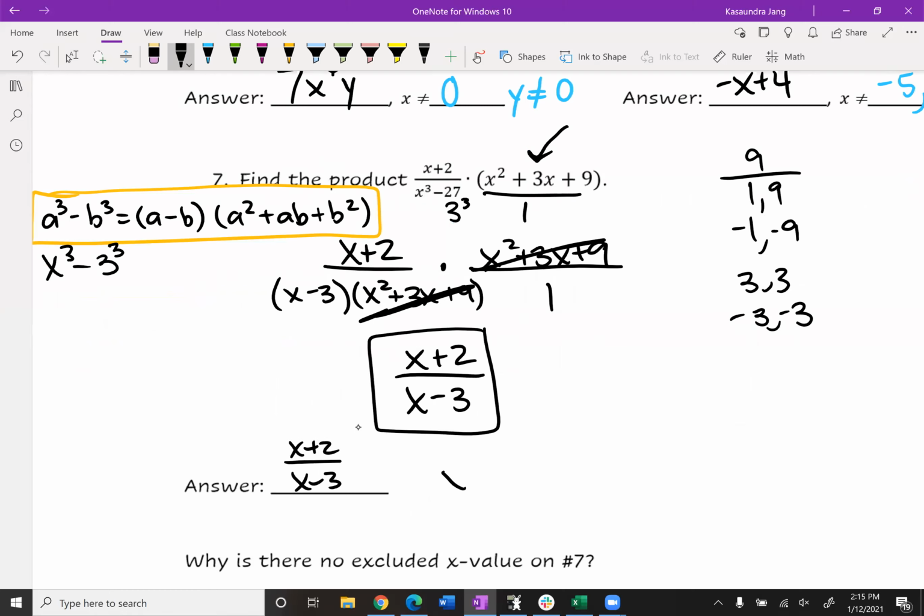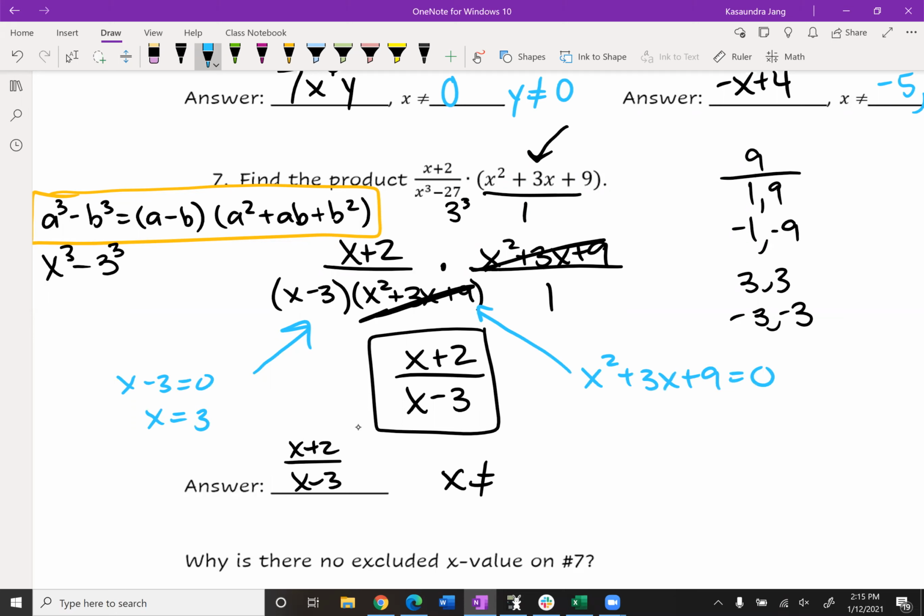My excluded value, x cannot equal, well, my excluded value has to do with what's in the denominator, right? So it looks like I would exclude a 3, and usually I look at what the other factor in the denominator is, but this guy right here, this x squared plus 3x plus 9, it actually never equals 0.